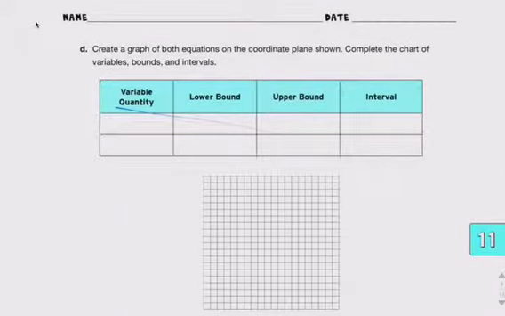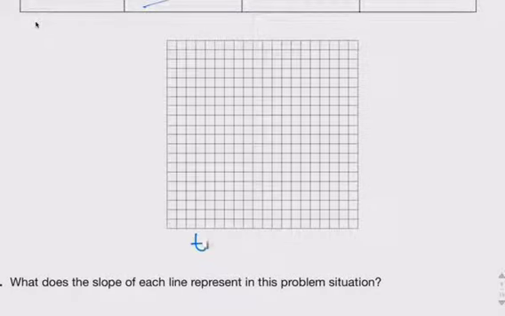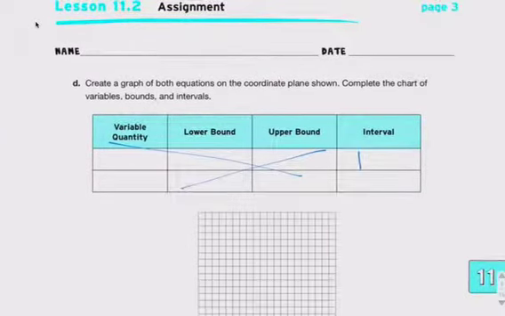Okay, let's forget the lower and upper bound. Just the intervals. The interval for time is 1. So you need to put here time in hours. And the other one is gallons of water in tank. It's up to 200, the highest. So your highest is 200.